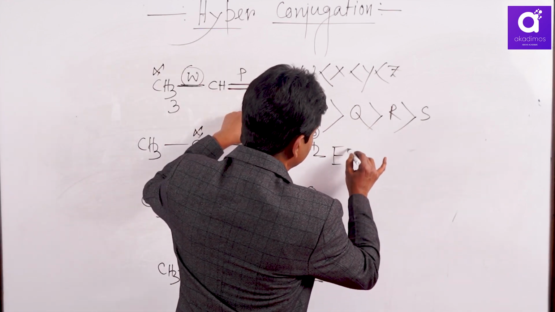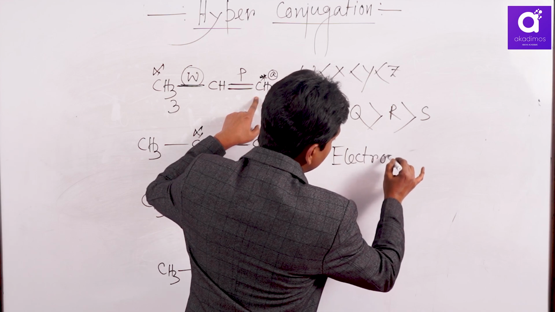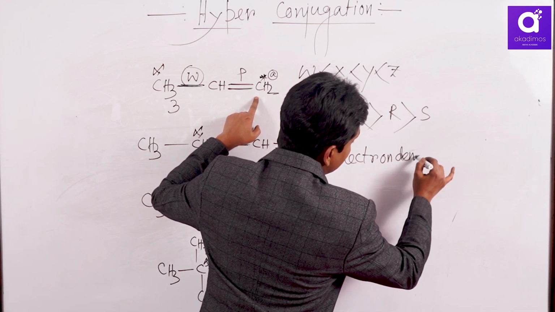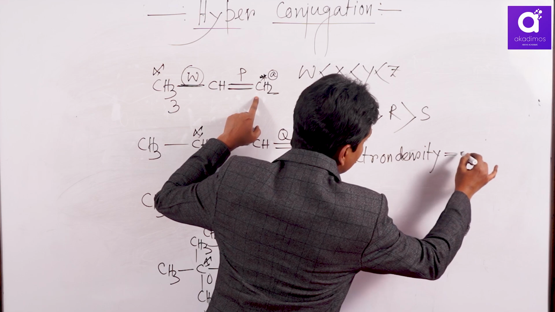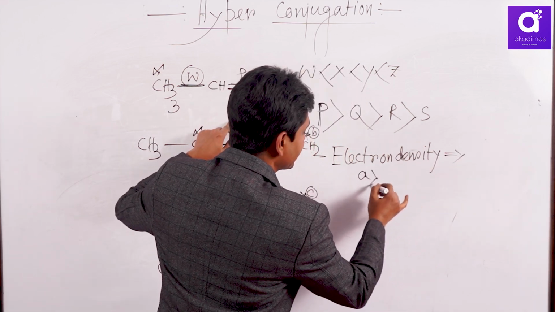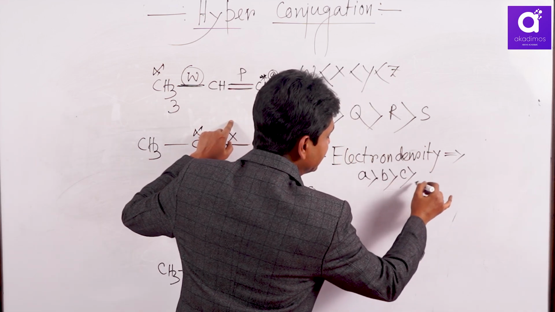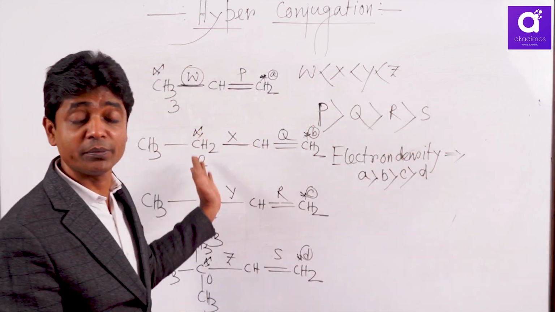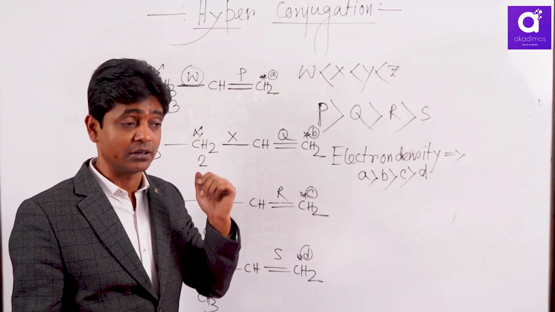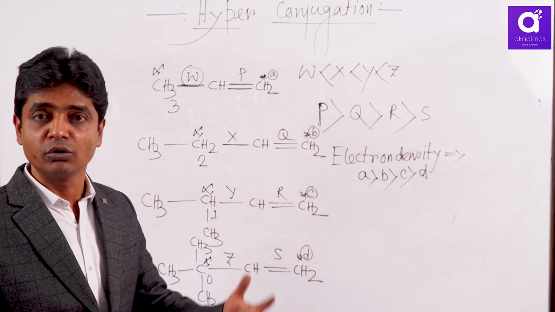Where will you get the maximum electron density on a particular carbon? A greater than B greater than C greater than D. And from here you can compare the rate of reaction towards an electrophile.